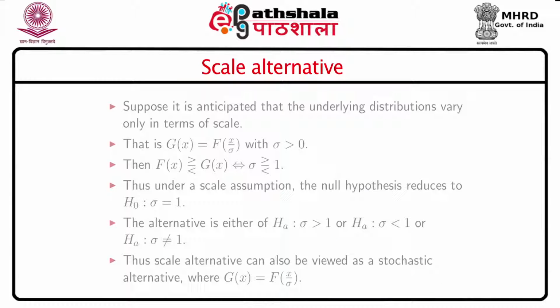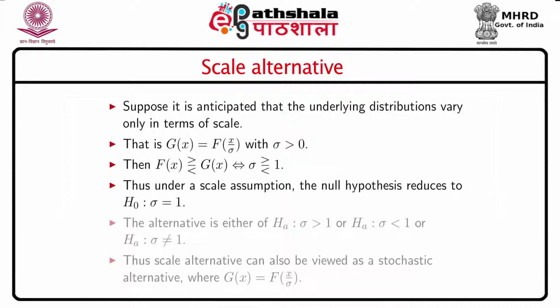Next, we shall consider scale alternatives. Suppose it is anticipated that the underlying distributions vary only in terms of scale. That is, G(x) equal to F(x by sigma) for some positive sigma. Then F(x) is greater than G(x) only when sigma greater than 1, F(x) equal to G(x) when and only when sigma equal to 1, and F(x) is less than G(x) when sigma is less than 1.